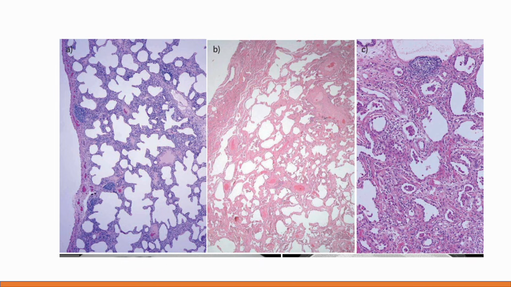When you look at a non-specific interstitial pneumonitis, which is the cellular type, the non-fibrotic type, you see only a moderate cellular interstitial infiltrate, with mild thickening of the alveolar walls. The lung architecture is well preserved. There are no granulomas here. There is no bronchiolocentricity of the BIP pattern here.